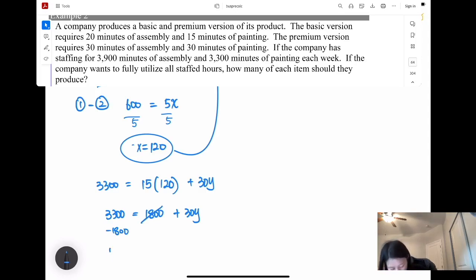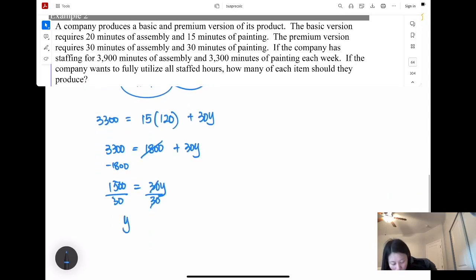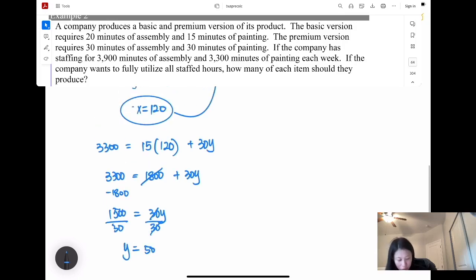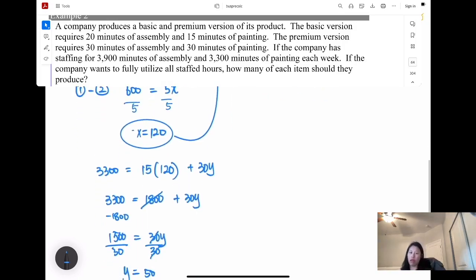So this is 1,500 equals 13y, and then we divide by 13 on both sides. We have y equals 50, which is what we got from Desmos.